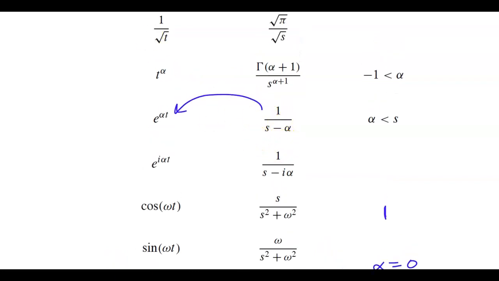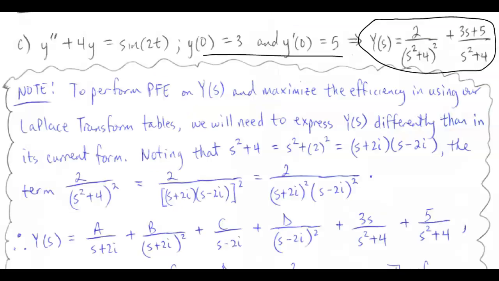And so if I look here, I notice that this s squared plus 4 can be factored into conjugate factors here, complex conjugate factors to be exact. So we know from algebra that the sum of 2 squares is exactly what happens when we take a complex number and multiply it times its conjugate.